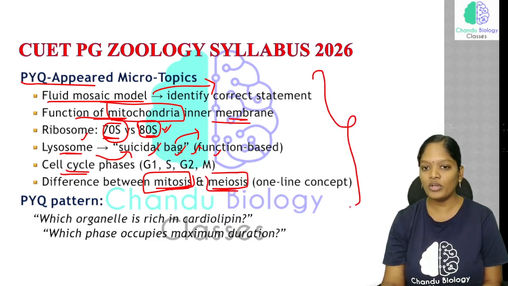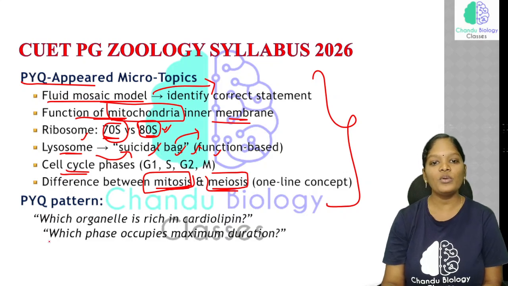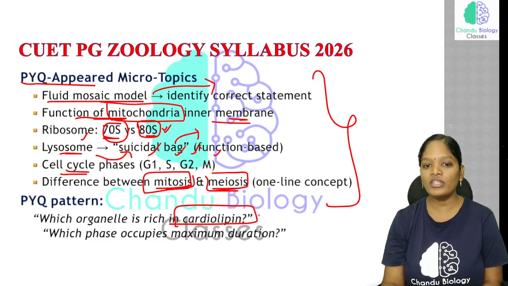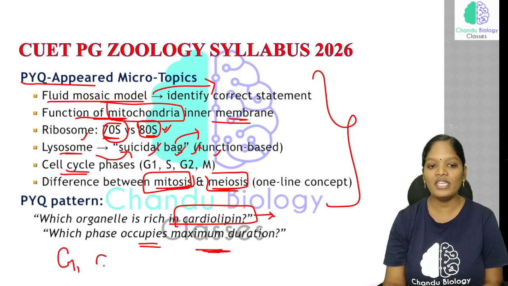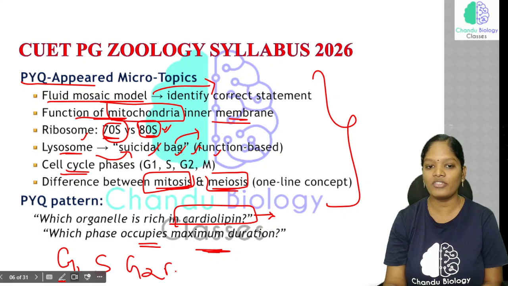These are the important topics where we can find frequent questions. Okay, which organelle is rich in cardiolipin? For that you should have a basic understanding of each and every organelle, what it is exactly composed of, and which phase occupies the maximum duration among G1 phase, S phase, G2 phase and M phase.